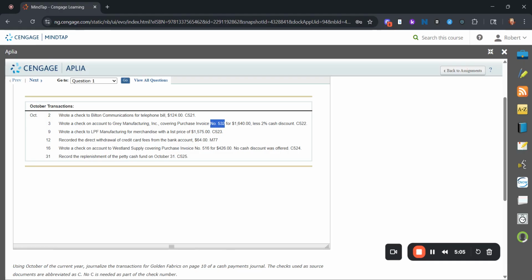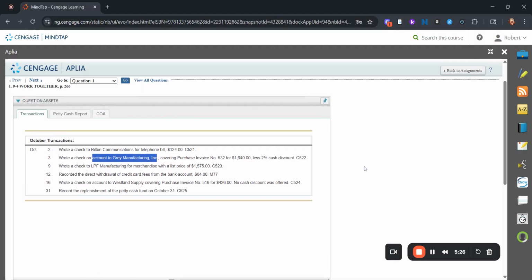So we're going to subtract 2% off of that for a discount. The check is $522. So I wrote on account to Gray Manufacturing. Hopefully at this point, this one you don't need to look up the account title for. But if you do, it's on the chart of accounts.